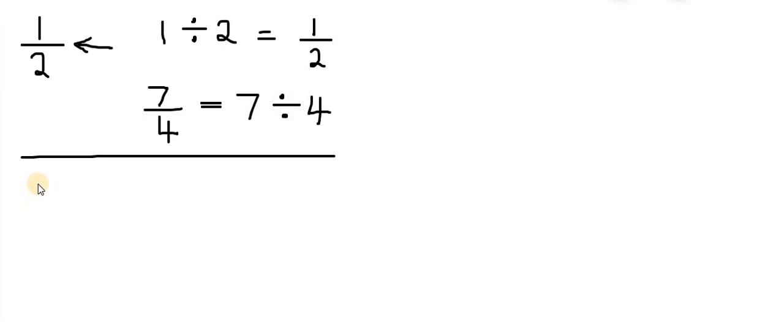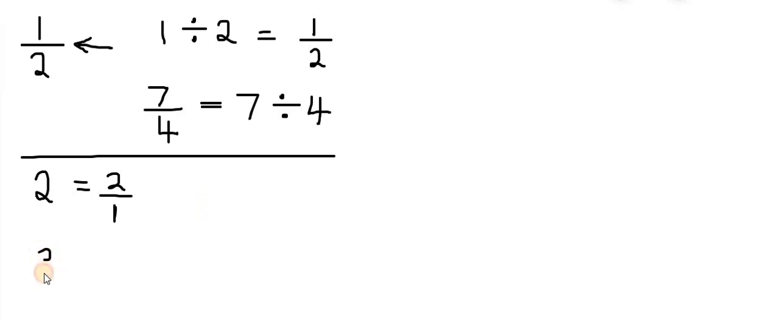And secondly, whole numbers can be considered as fractions. Okay, so for example, 2 is the same as 2 over 1, which is also a version of an improper fraction or top-heavy fraction.